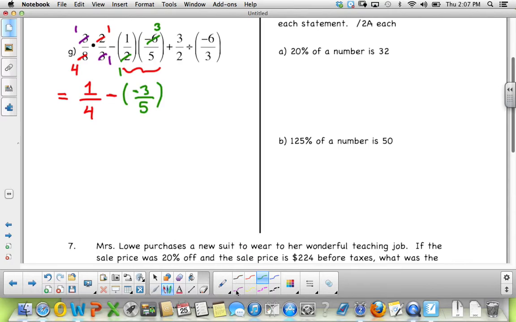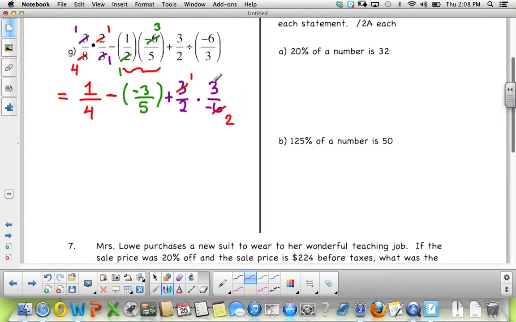Now I'm going to do the division. I'm going to bring that next sign down. In order to do division, I have to copy dot flip. Change division to multiplication. So I copy the first fraction, dot flip the second fraction. Now I'm going to multiply these two, but before I do that, I'm going to reduce, because 3 goes into 3 one time, and 3 goes into 6 2 times.